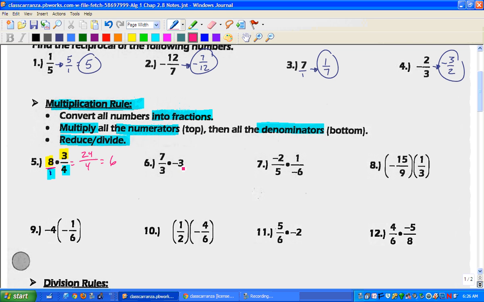For number 6, turn everything into a fraction. Multiply the numerators. 7 and negative 3 gives you negative 21. 3 times 1 gives you 3. And negative 21 divided by 3 gives you negative 7.